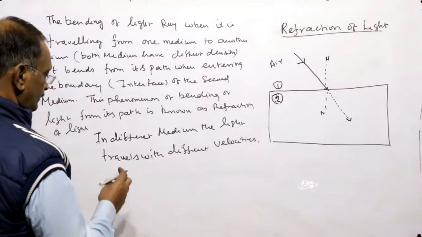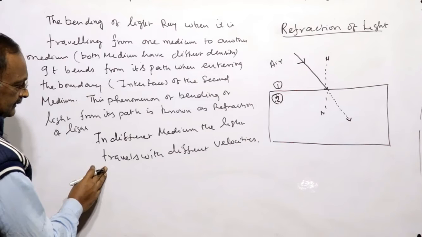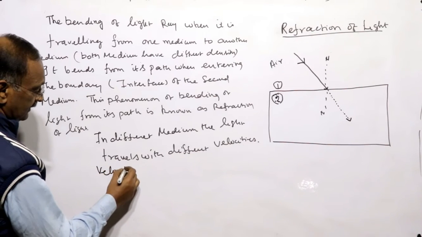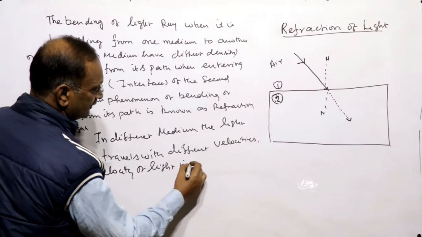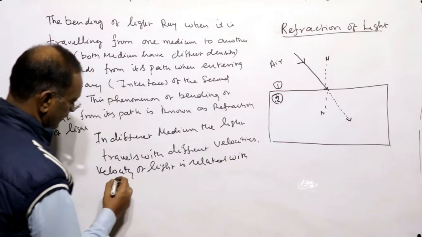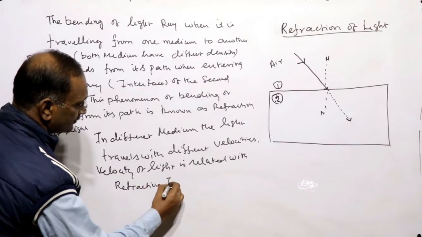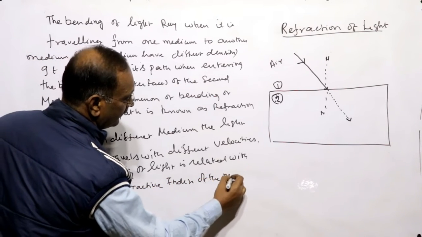So light travels with different velocities, and this velocity of light is related to the refractive index of the medium.